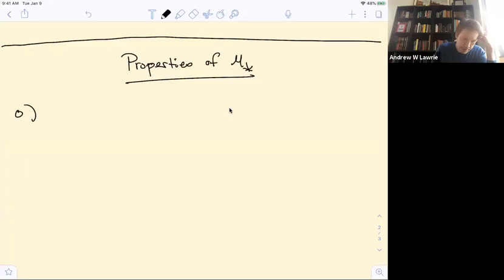Property 0 is maybe just a technical property, but it'll come in handy, just from the definition.